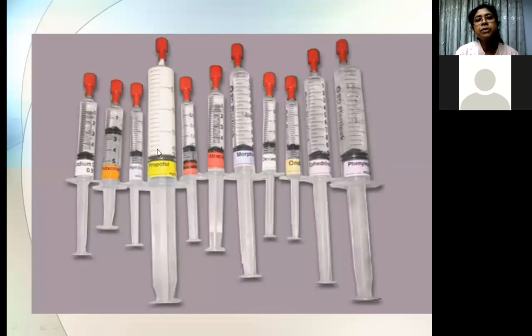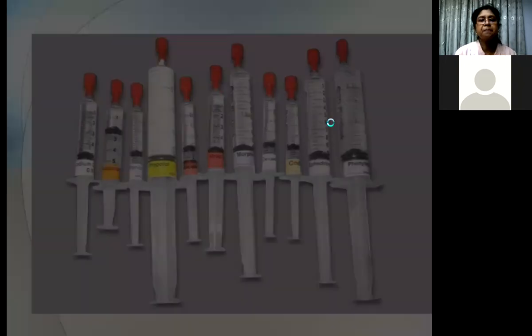And whenever you use these drugs, you have to label them and make sure that you know the dose of the drug when you're using them. And due to universal precautions, we don't cap the needle in these drugs. Ideally speaking, you have to cap it with these stoppers.